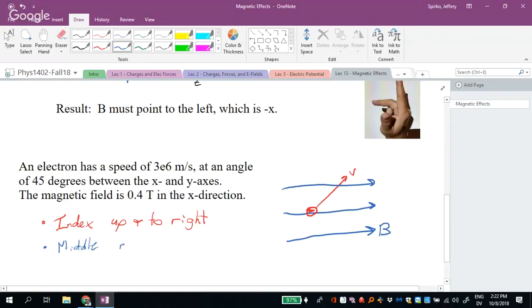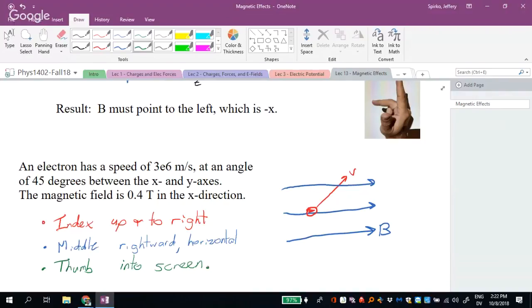Middle finger rightward and horizontal. And then the third vector, thumb, is into the screen. Now, here's the quirk about this. So index finger, middle finger, thumb is into the screen or into the page. The quirk is this is a negative charge because it's an electron.